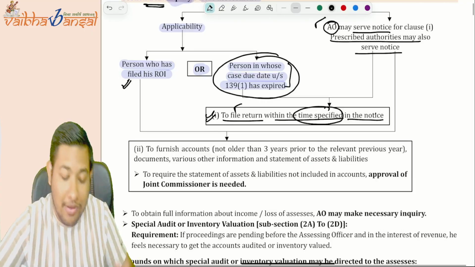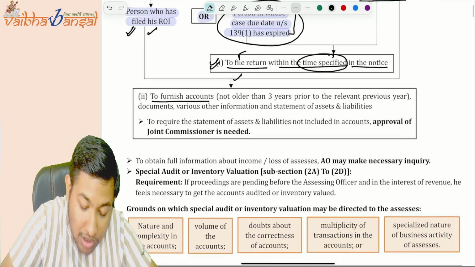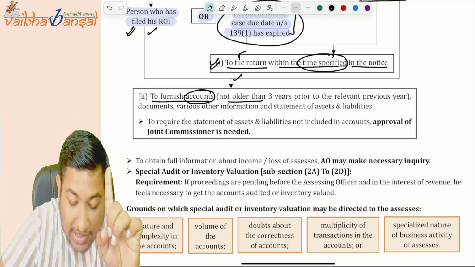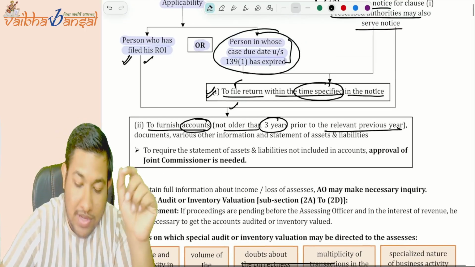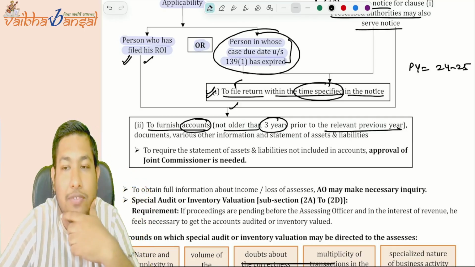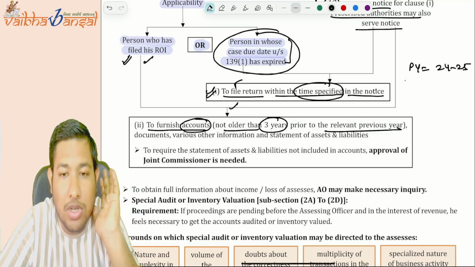And after that, when the return is already filed in both the cases, then he can ask to furnish accounts. But accounts can be asked for not older than 3 years prior to the relevant previous year. Tell me, your relevant previous year is 24-25. So the assessing officer can ask for the accounts for what period?